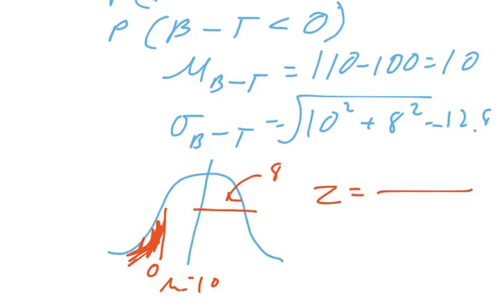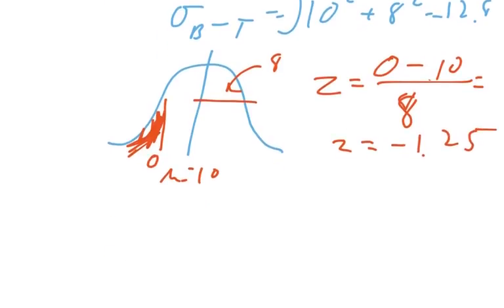Whenever we do this, we want to find the z-score: 0 minus 10 divided by 8, which equals negative 1.25.